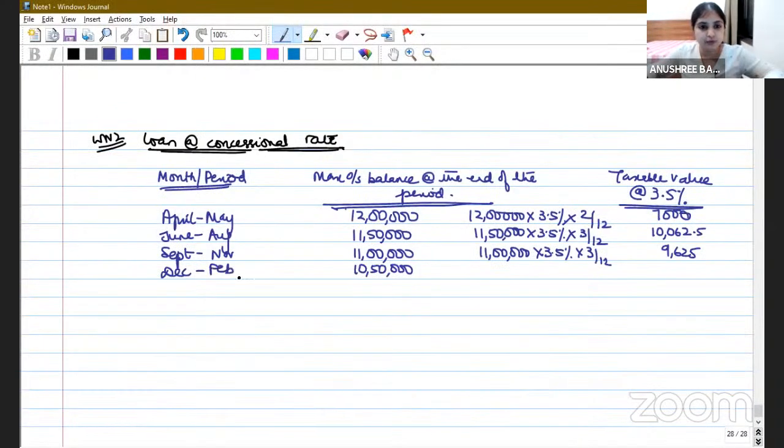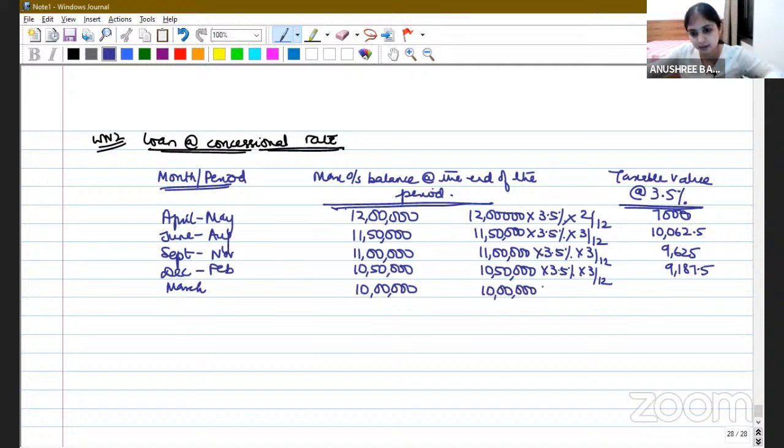Next payment will happen only in March. So December to February, 10,50,000 will be outstanding. 10,50,000 into 3.5% into 3 by 12. How much will this be? You will get 9,187.5. Please check my math. I hope it is right. And then lastly, in the month of March, he pays another 50,000. So in the month of March, 10 lakh only will be outstanding.